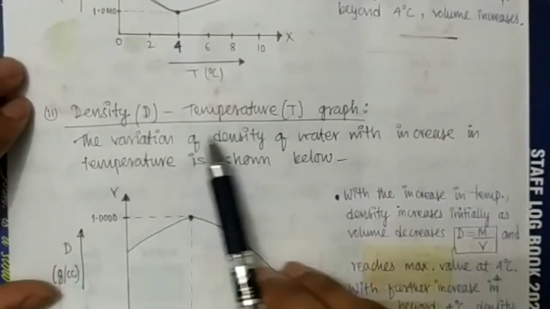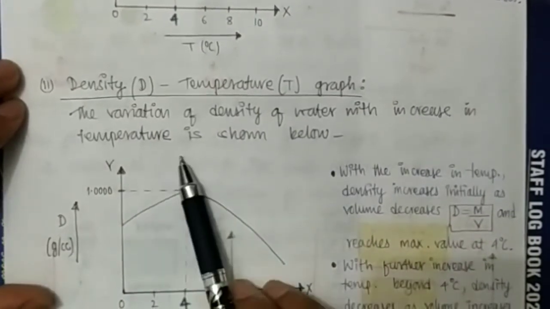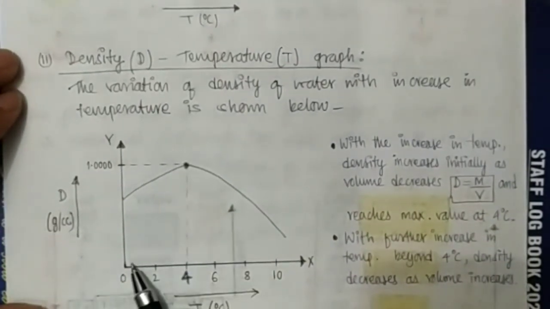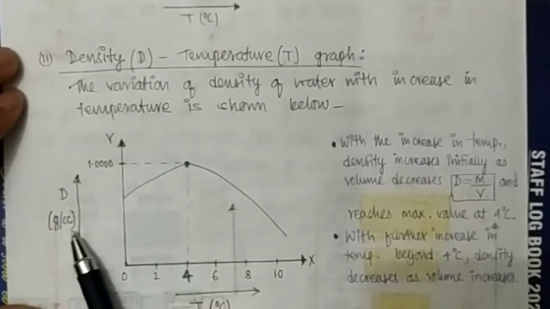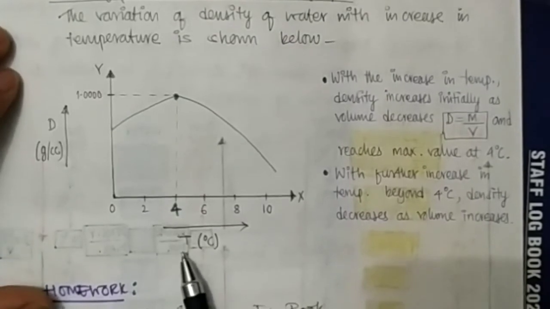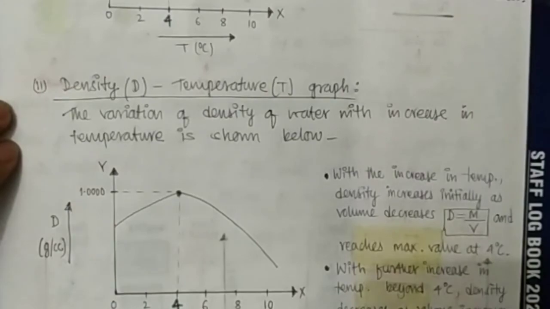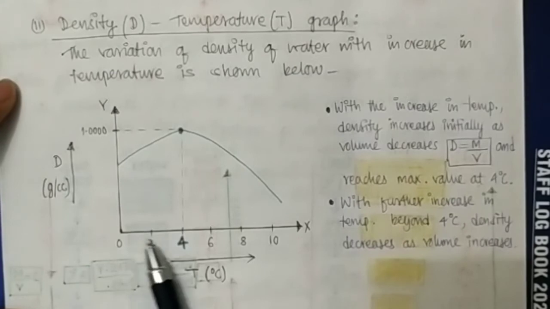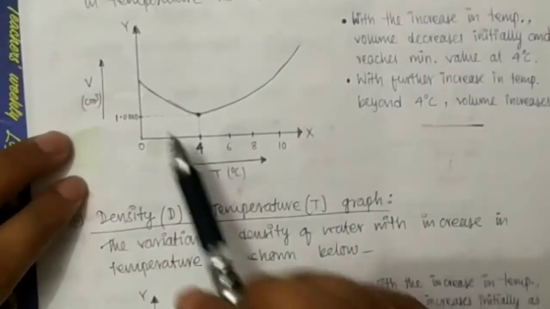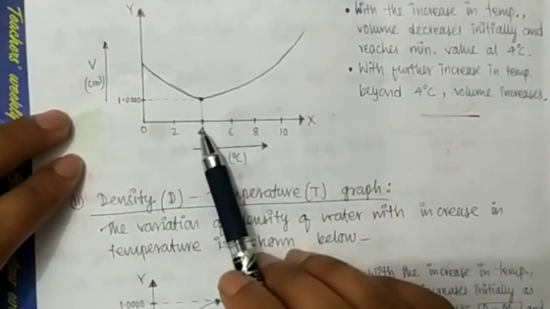Now let's see density temperature graph. This is variation of density of water with increase in temperature. We have density along y-axis in terms of gram per cc, and we have temperature in degrees Celsius along x-axis. When we heat this water from 0 degrees Celsius to 4 degrees Celsius, the volume will decrease and it will reach its minimum value at 4 degrees Celsius.